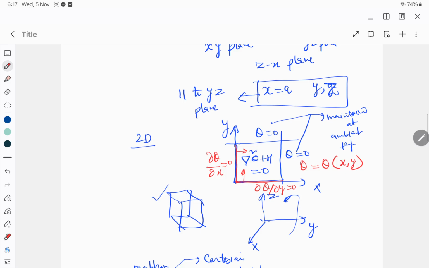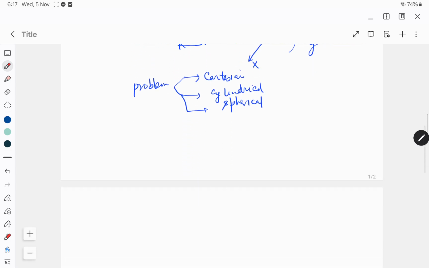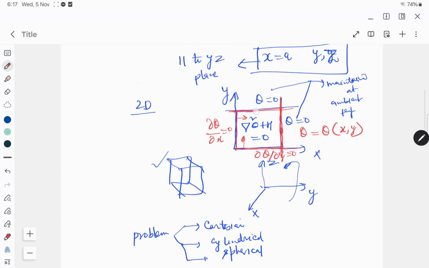But here you see that its boundaries are coordinate surfaces, meaning either the coordinate axis itself or parallel to it. This line is parallel to the x axis, this line is parallel to the y axis, and the other two boundaries are the x and y axes themselves. So all four are coordinate surfaces.